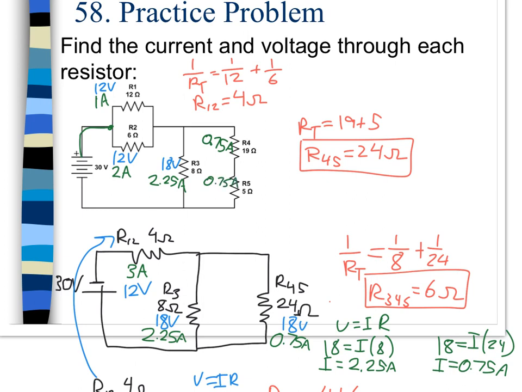And then the voltage is going to be that current there times my resistance. All right, so I say 0.75 times 19 means that this one will get 14.25 volts, and the 0.75 times 5 means that this one will get 3.75 volts, which adds up to 18 as it should.